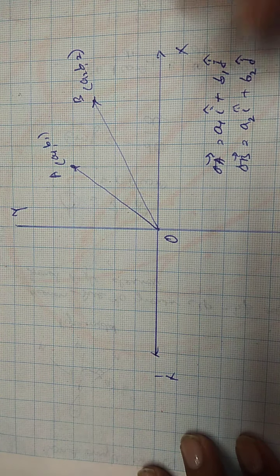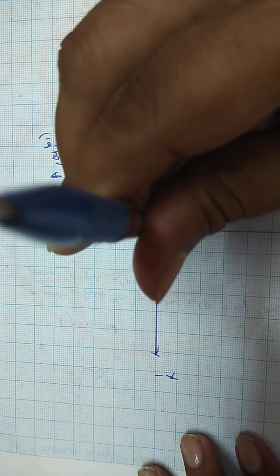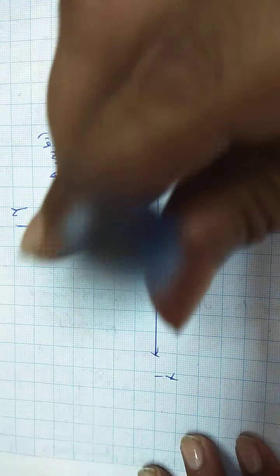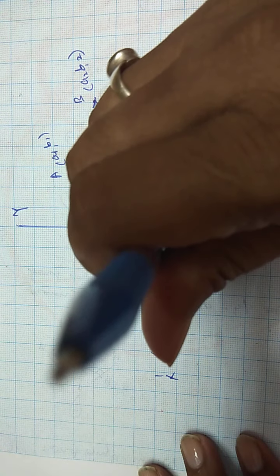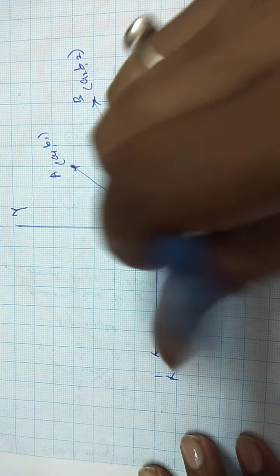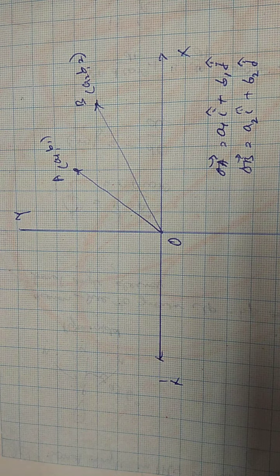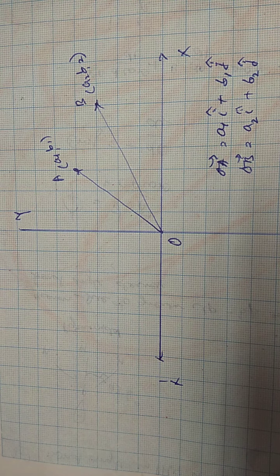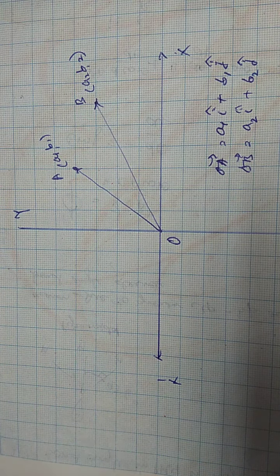For the z coordinate, that is along the direction perpendicular to the xy plane, we will have another axis, that is the z axis, and the unit vector along the z axis is k cap. So the unit vector along the x axis is i cap, along the y axis is j cap, and along the z axis is k cap.